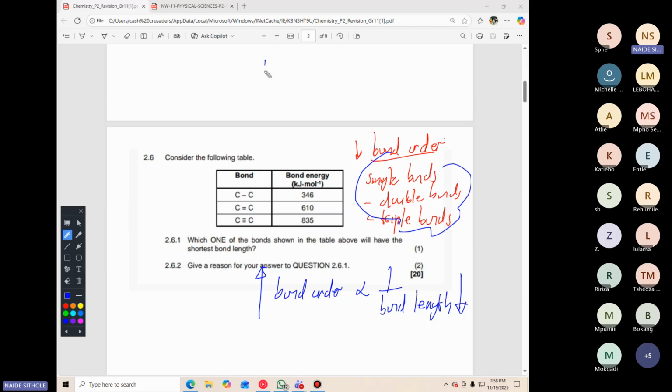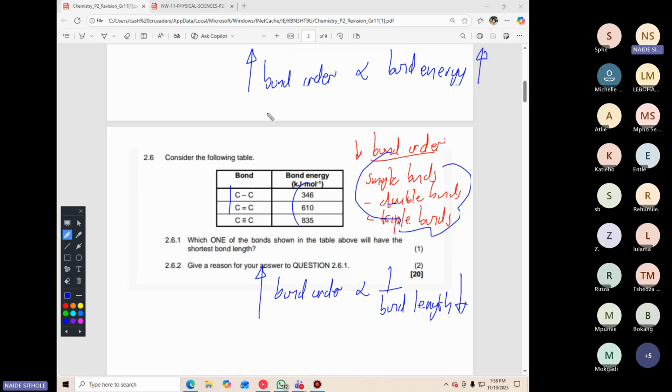And then, another type of relationship that you should consider is bond order will be directly proportional to what? To bond energy. So the greater the bond order, the greater the bond energy. Remember, my surrogate is single bond, double bond, triple bond. The bond order is increasing, just like we see here. Now, what do you notice? As the bond order increases, what happens to the bond energy? It also increases.